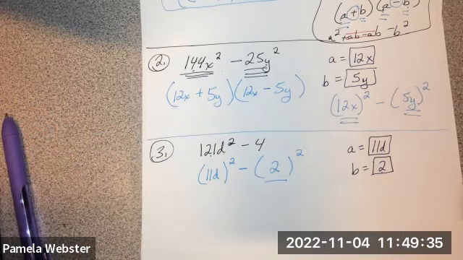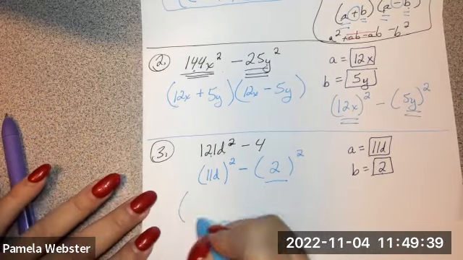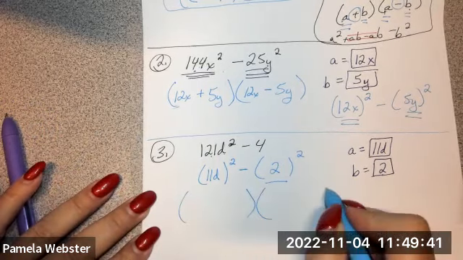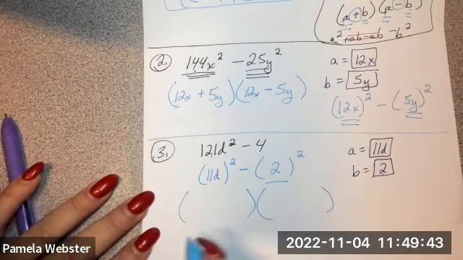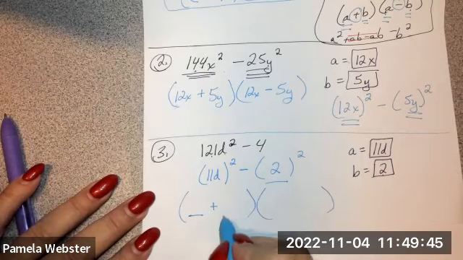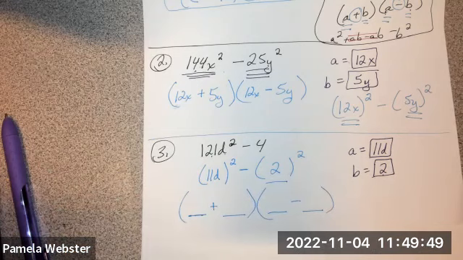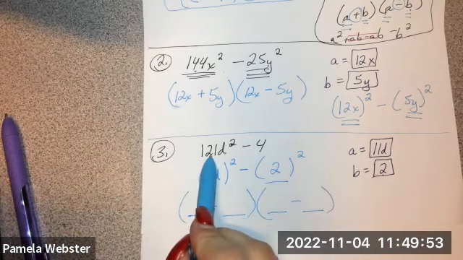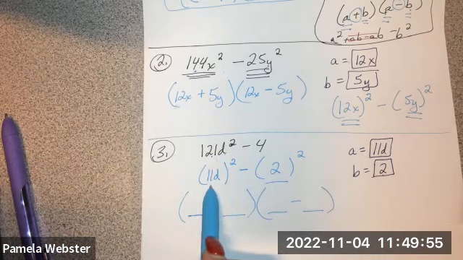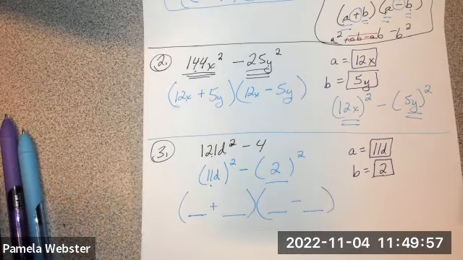This is definitely a difference of two squares. So when I look at it, I say, okay, go straight for your parentheses. There's going to be something plus something, and there's going to be something minus something, right? I'll fill in those blanks. The first guy, 121d squared, came from 11d being squared, right?